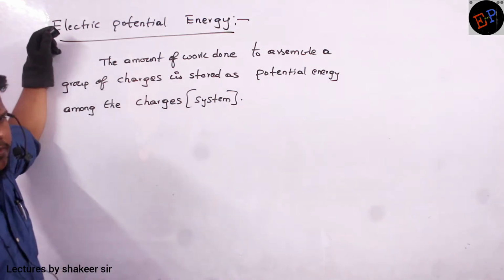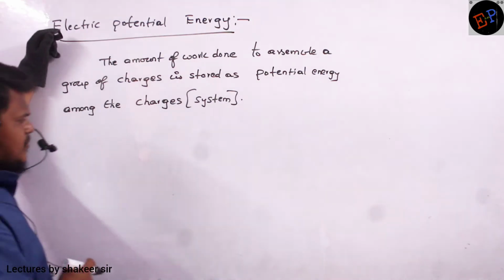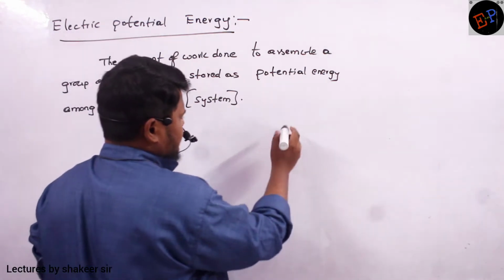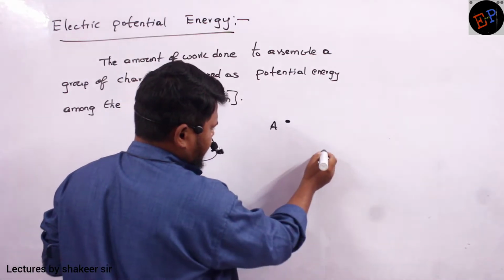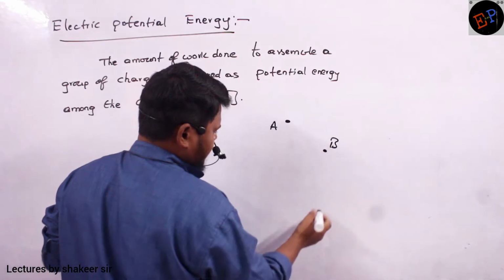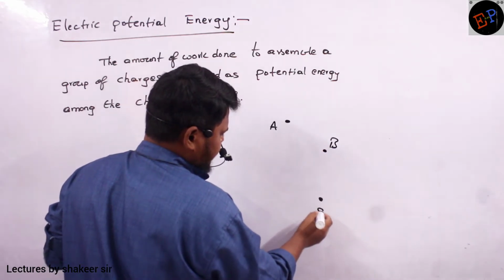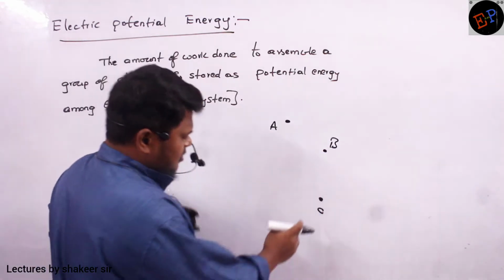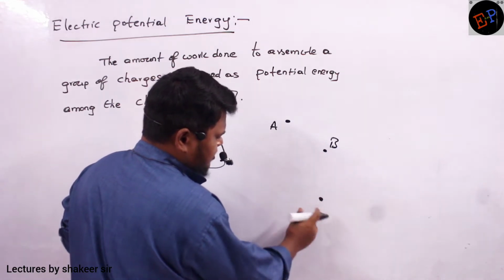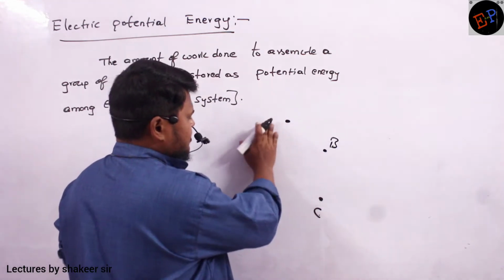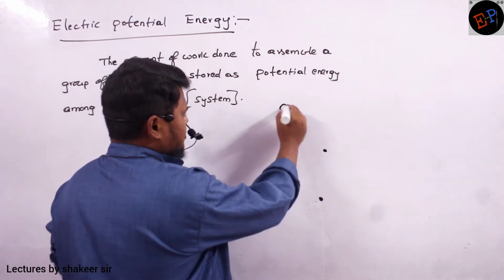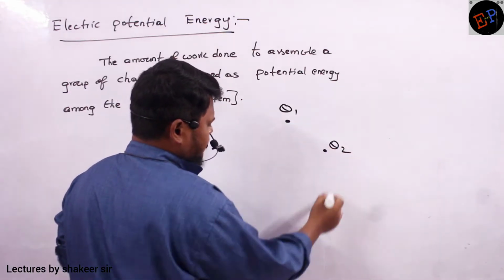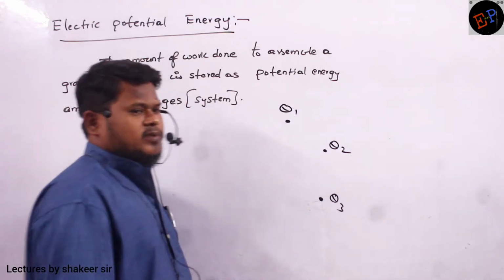Very important concept. Let us try to understand this one by taking an example. See here, this is point A, this is point B, and this is point C. Instead of A, B, C, let us call them charge Q1, charge Q2, and charge Q3.